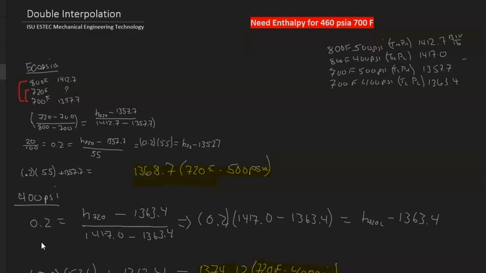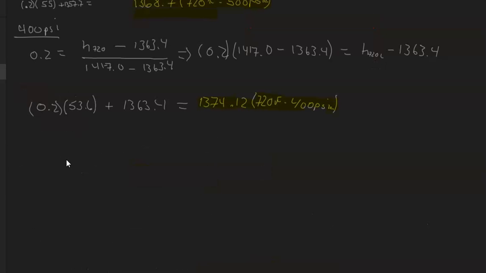So when we come in and look at, now we're going to be looking at it from the psi perspective. So we need to know what it is going to be at our 460 psi. So let's look at the temperature. Let's look at it from the perspective of the temperature of the 720 degrees Fahrenheit.